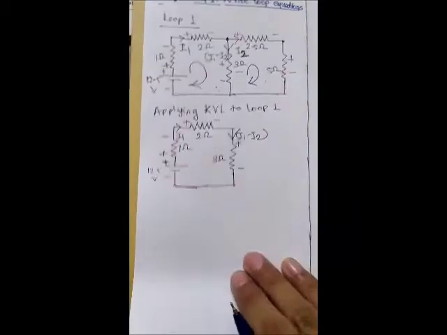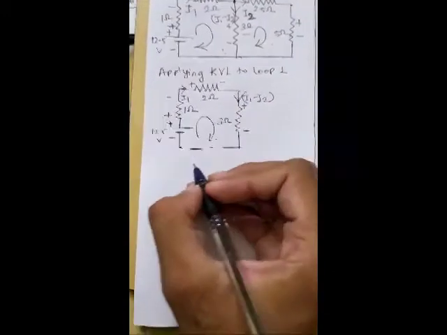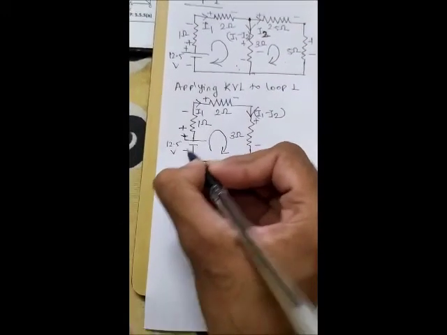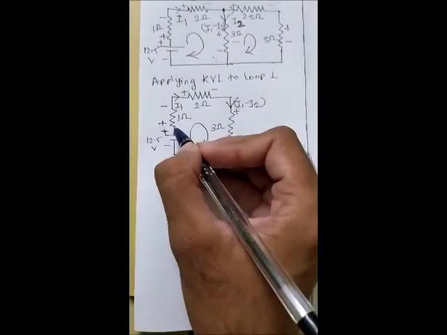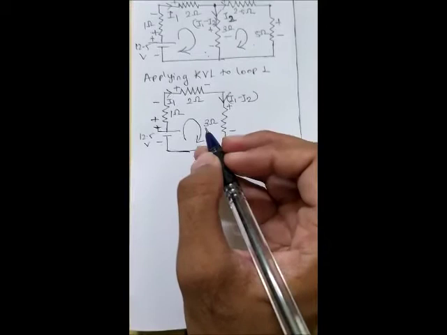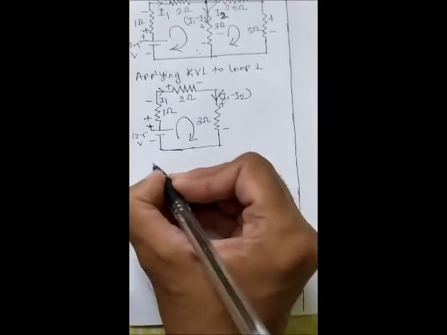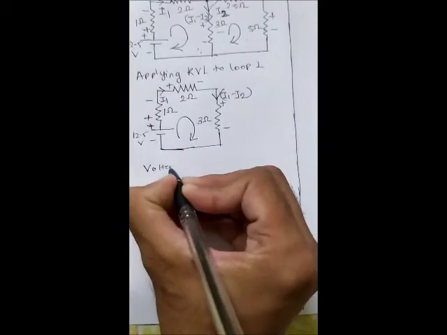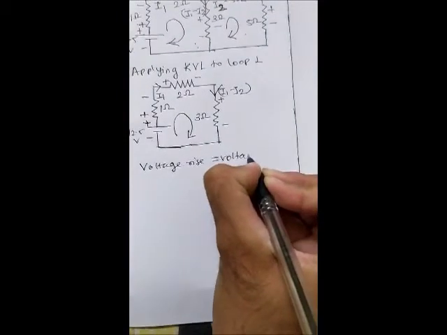Now applying KVL to this loop 1, the direction will be like this. Okay, so minus to plus the current is going, meaning potential rise is taking place. Potential rise is taking place. So in KVL we know that voltage rise is equal to voltage drop.